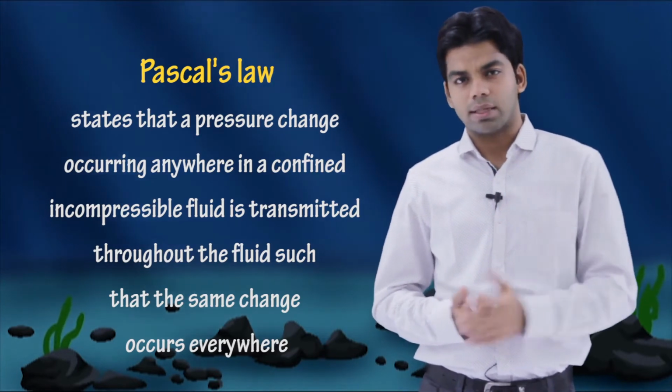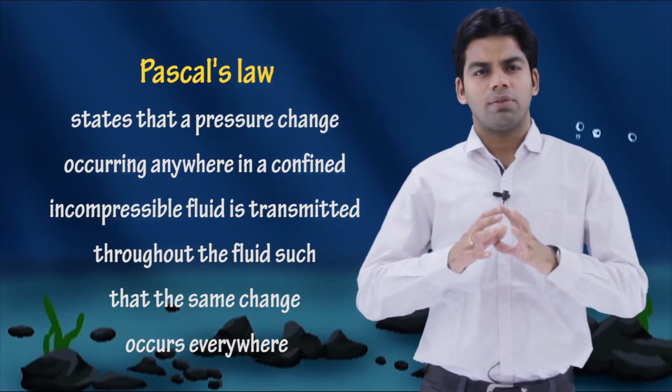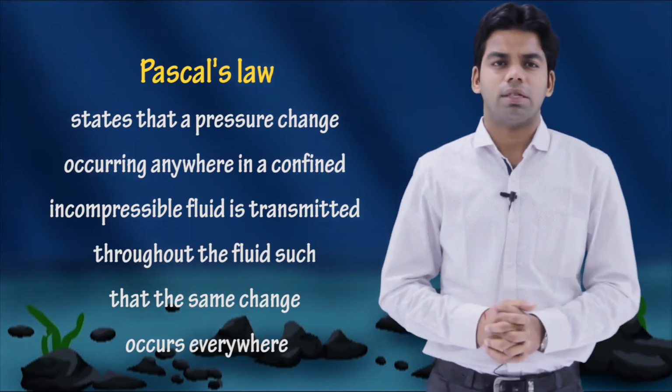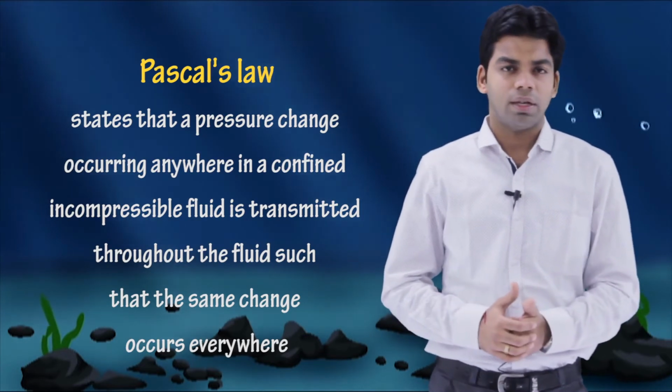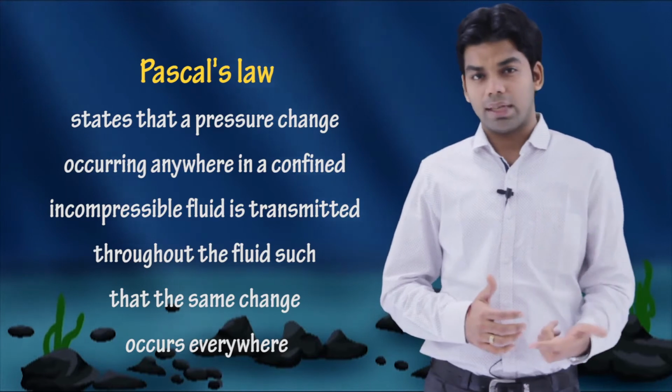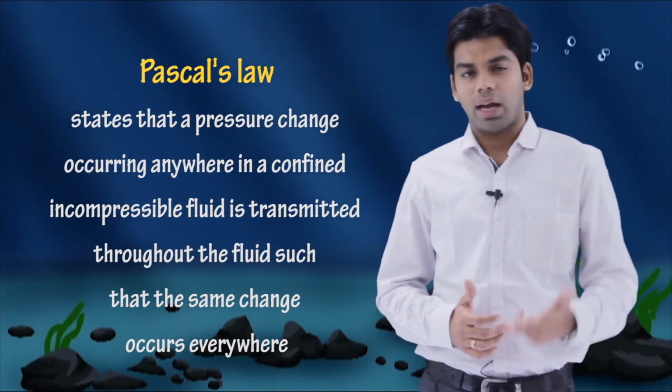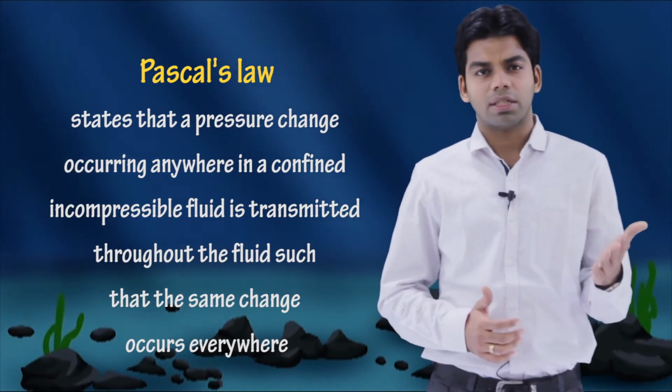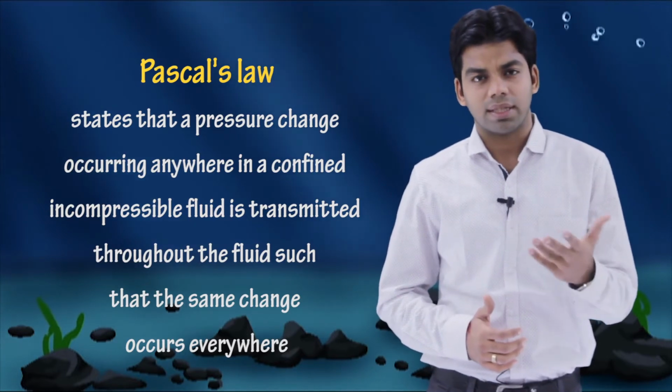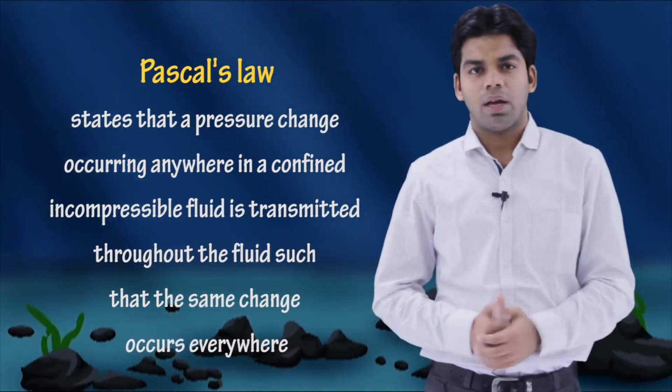This is also Pascal's law, and this law is widely used in engineering applications. If you have seen hydraulic lifts, hydraulic brakes, hydraulic cranes, in all these devices this principle is used. How? I will tell you.